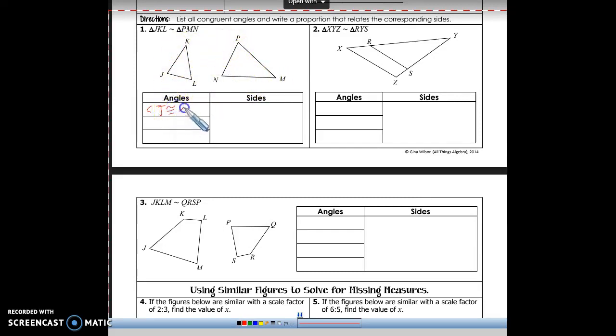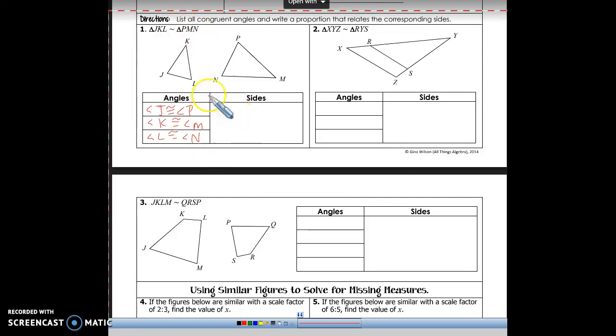Angle J goes with P. Angle K will be congruent to angle M. And then angle L, the last letter, will be congruent to angle N.